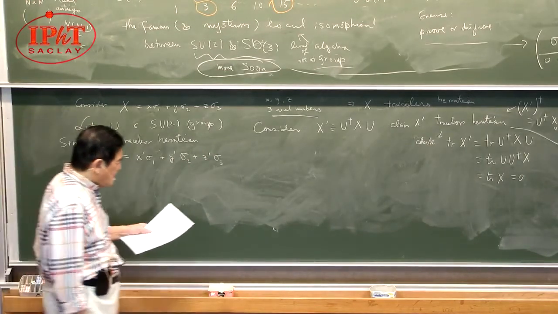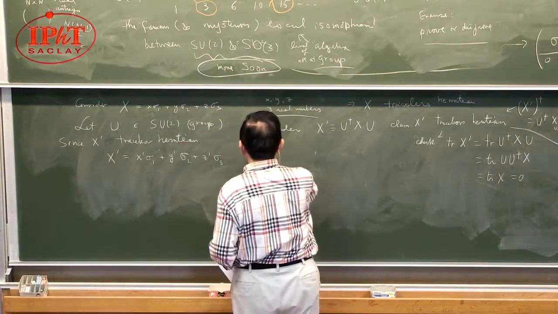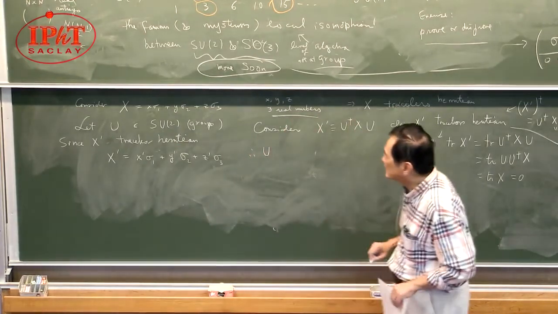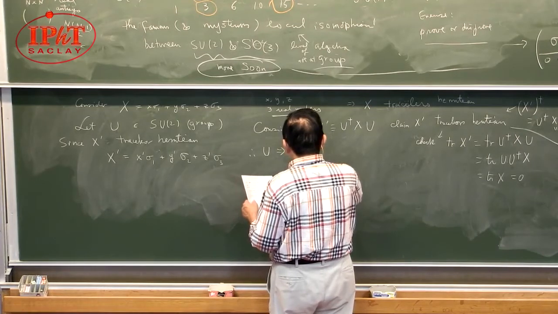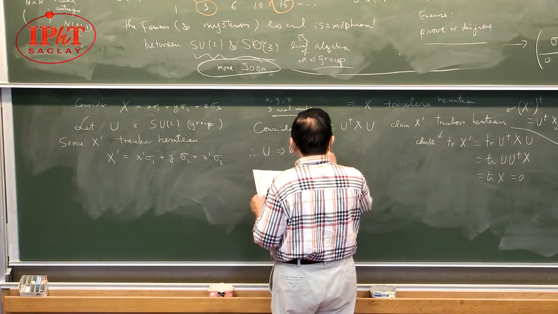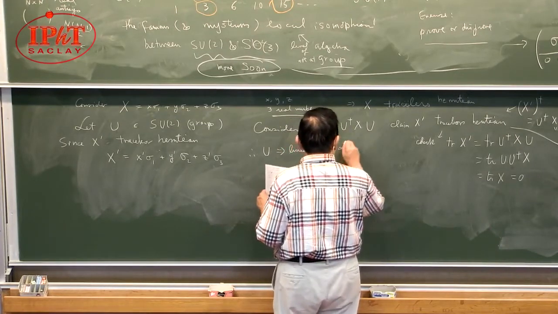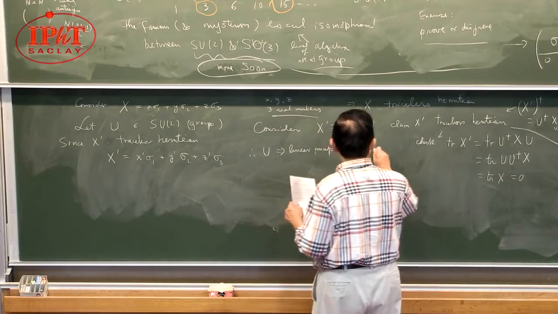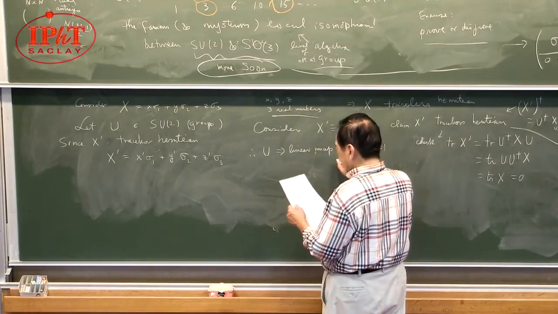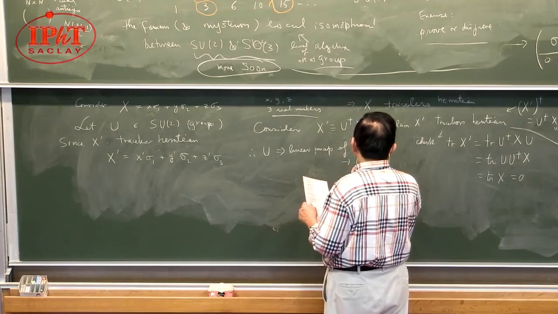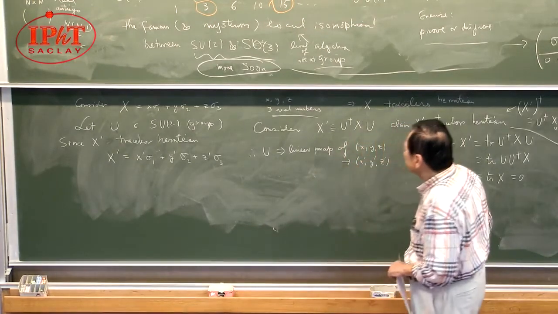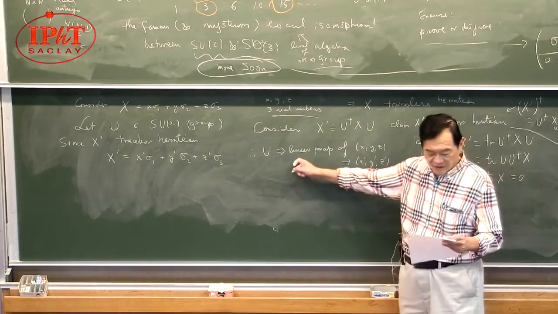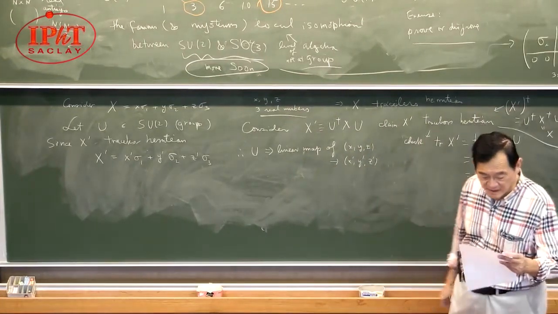Okay? So therefore, U, any element of SU2, defines a linear map of X, Y, Z into X prime, Y prime, Z prime. Okay. So you can check for yourself that it's linear.